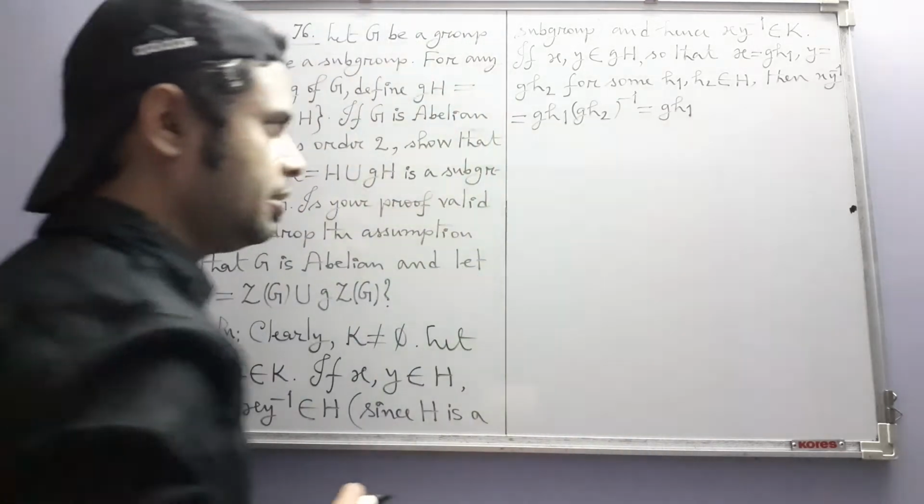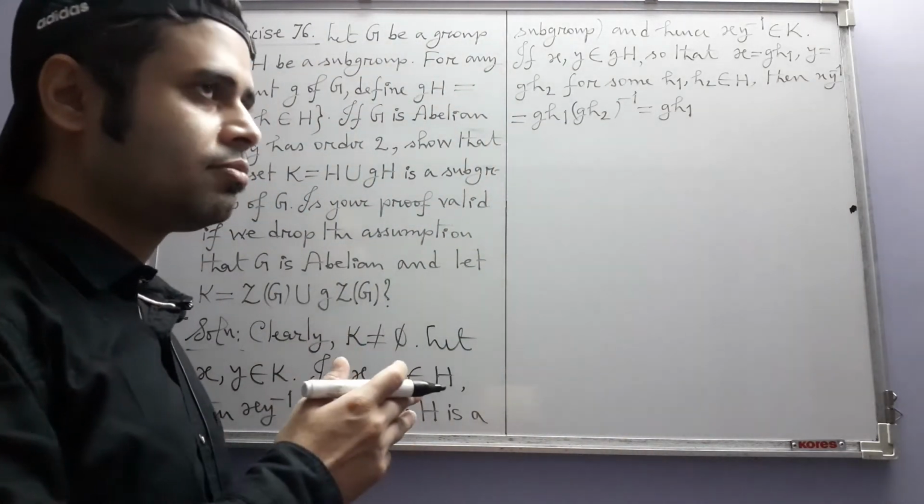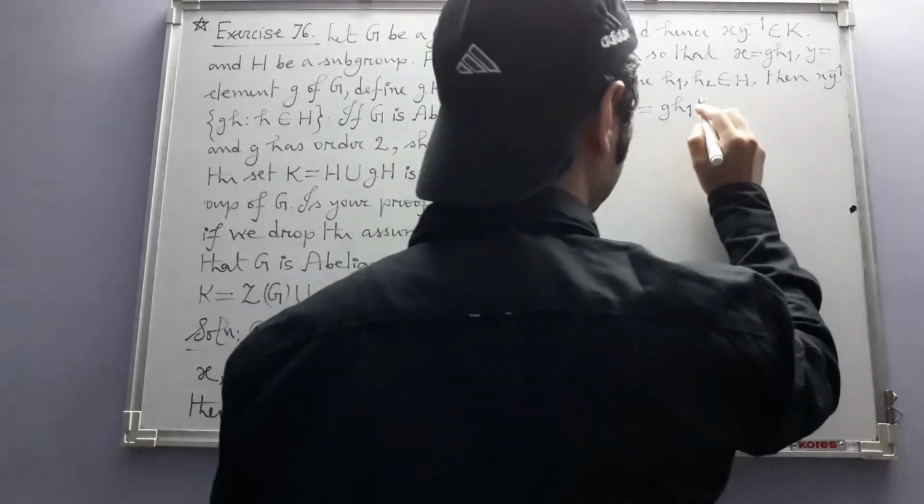Now we know that in a group, inverse of gh2 is h2 inverse g inverse.